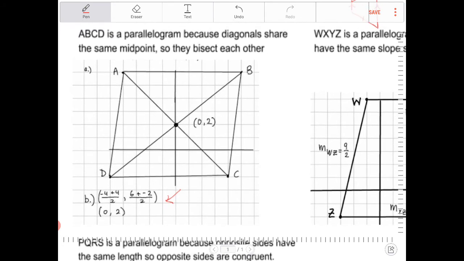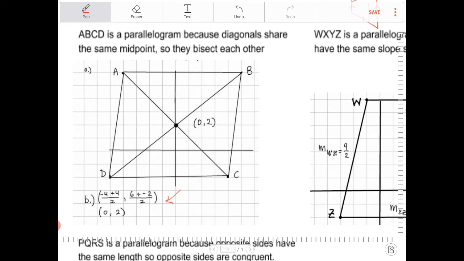So once we find a midpoint, we can then declare, yes, this ABCD is in fact a parallelogram because the diagonals bisect one another. Both of them share the same midpoint.